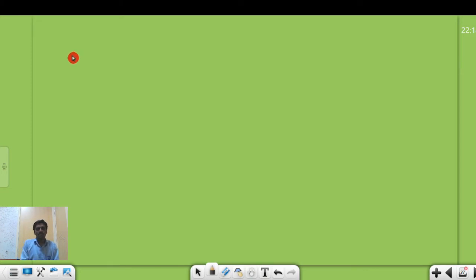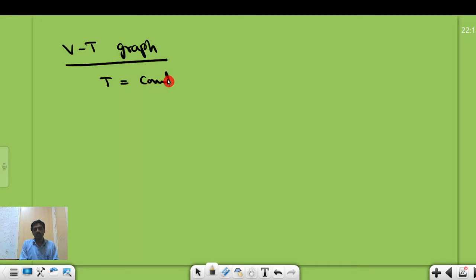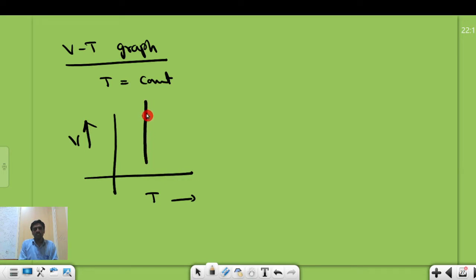Now let me go to another graph, the VT graph. In the VT graph our condition is the isothermal condition, so T is equal to constant in our process. If the gas is expanding, the volume is increasing. If we take temperature on the x-axis and volume on the y-axis, the graph looks like this.